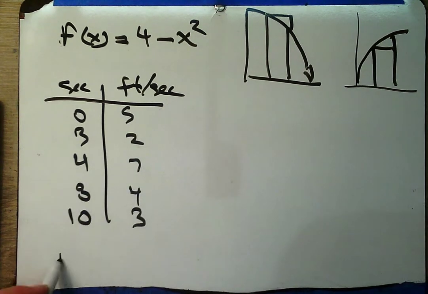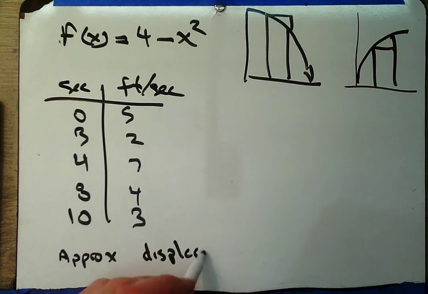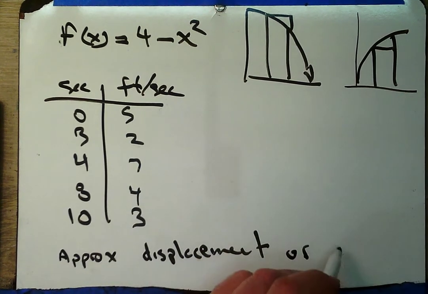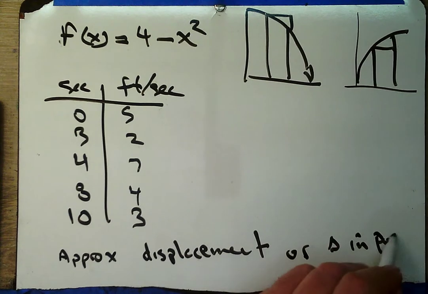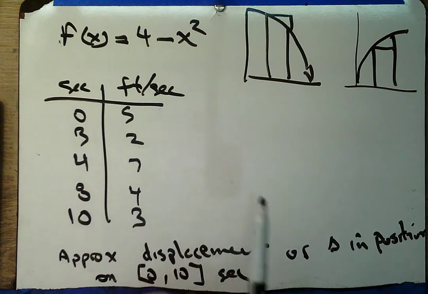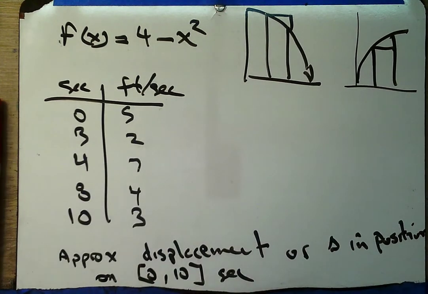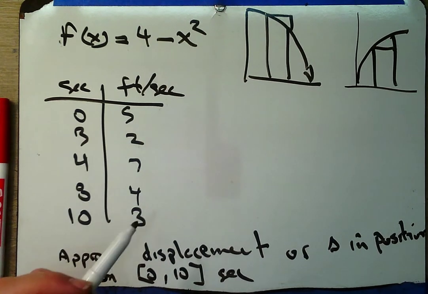And I'd like you to approximate the displacement, or change in position, on 0 to 10 seconds. Okay? Trapezoid sum, not LRAM, not RRAM, certainly not MRAM. Trapezoid sum. Go to it. Pause the video, give it a go, and let's see how things come out.